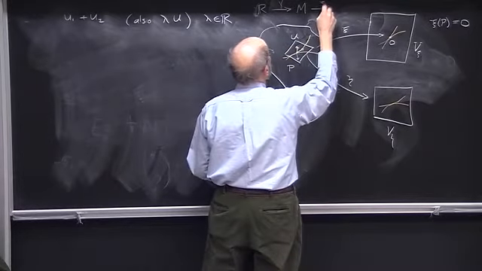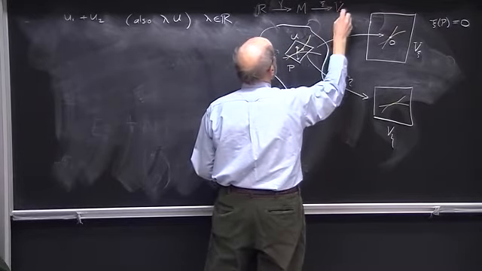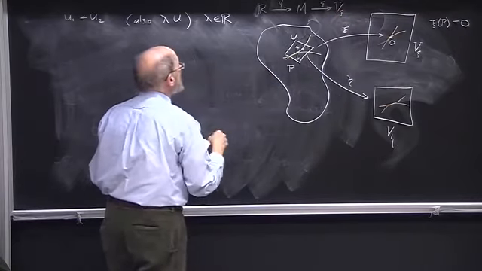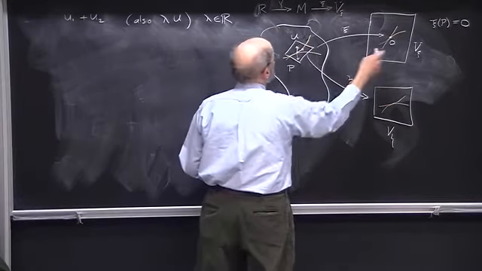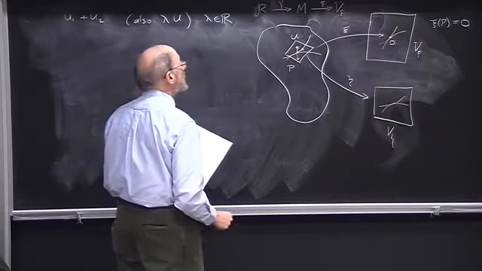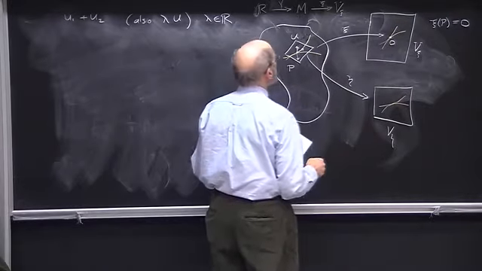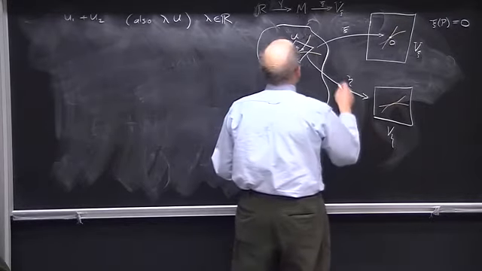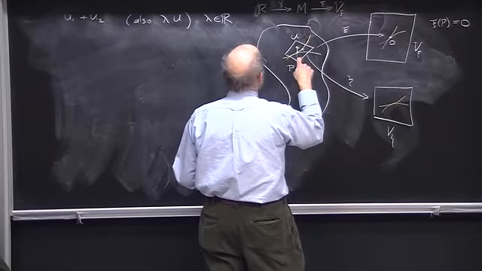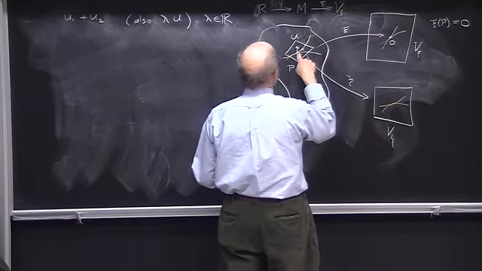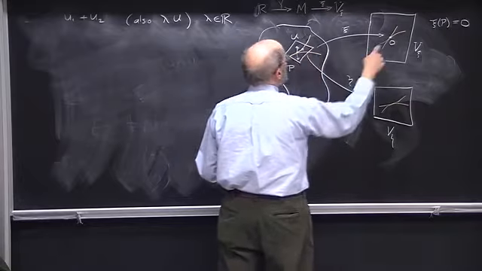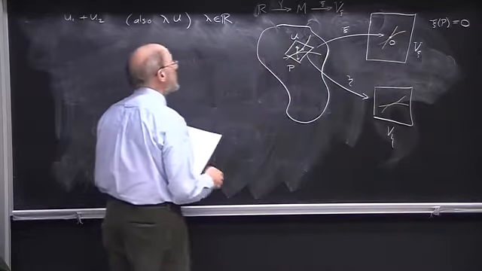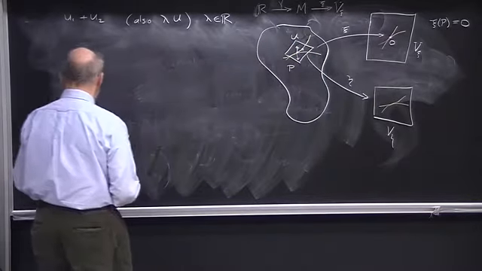And that by the chart map is going to be taken by C. So therefore we get a curve, as we saw last time. And I'm going to define the vector corresponding to this vector u as the tangent vector to that curve in the vector space, but we know what that means.